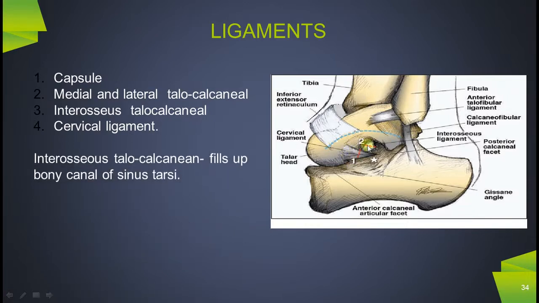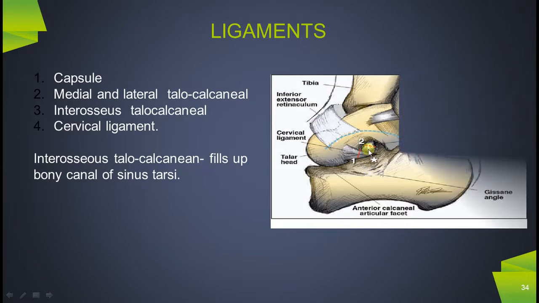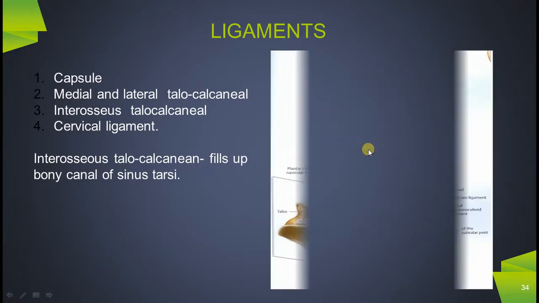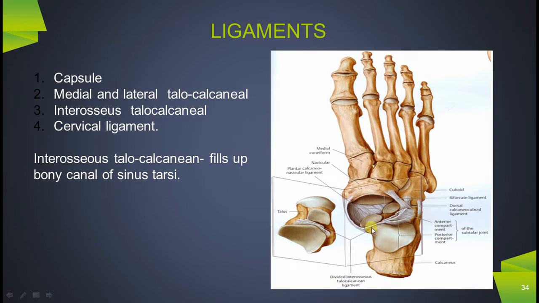This interosseous ligament fills up the canal of the sinus tarsi. I have already been telling you about the sinus tarsi, which is present in the calcaneum. Here you are able to see the interosseous ligament.